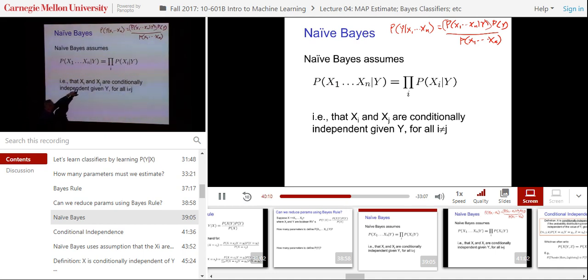In other words, we're going to assume that xi and xj, these different x's, are independent, actually conditionally independent, given the value of y, for all i's and j's. Okay, so think about that. What does that mean? It means, for example, suppose i and j were the language you speak and the language your parents speak.